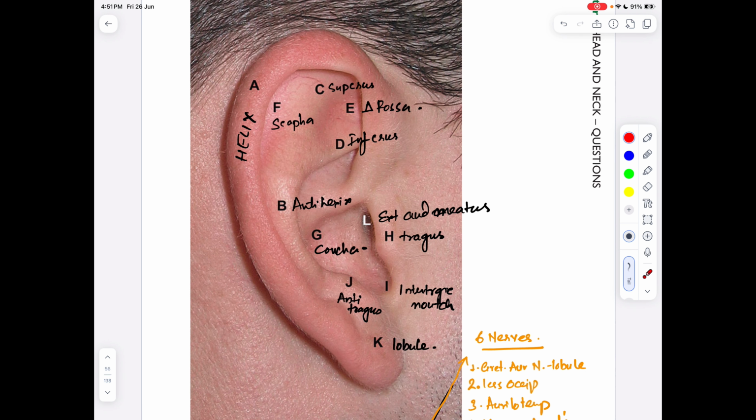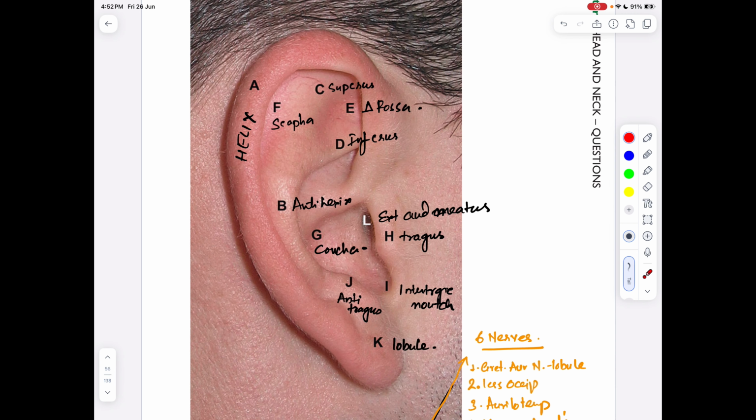This is the tragus and this is the antitragus. Helix, antihelix, tragus, antitragus. This is the antihelix, with the superior crus and inferior crus.